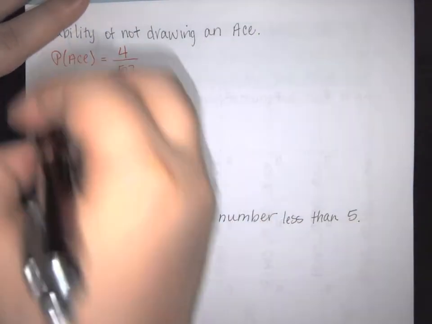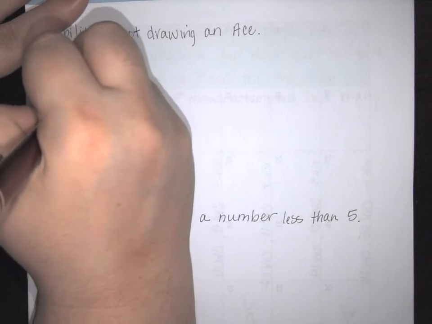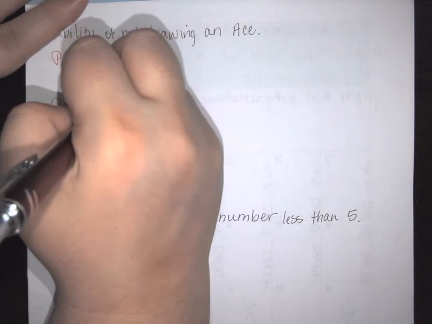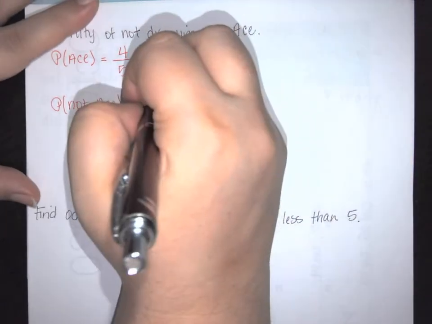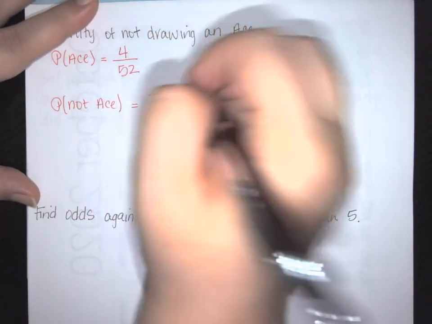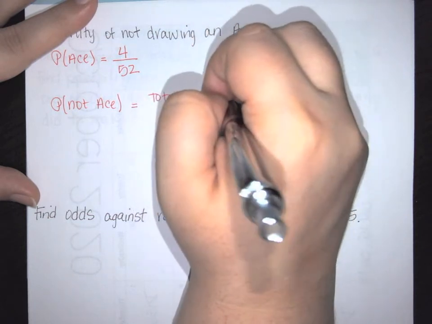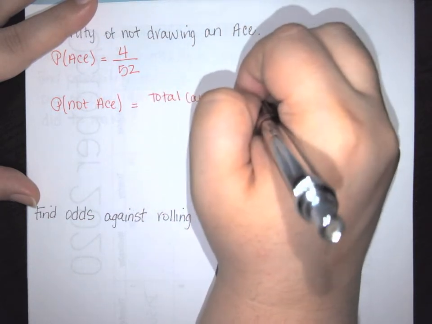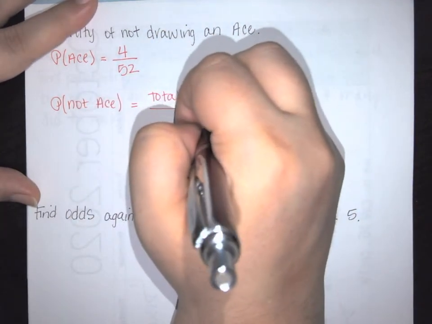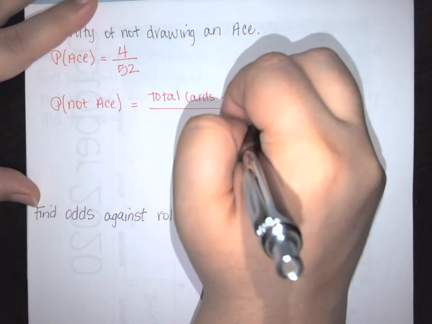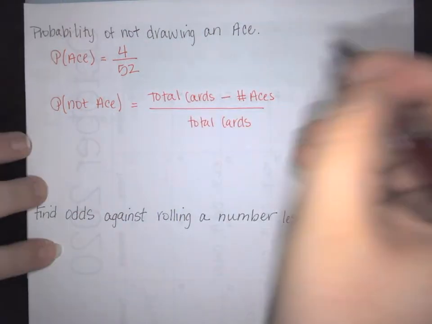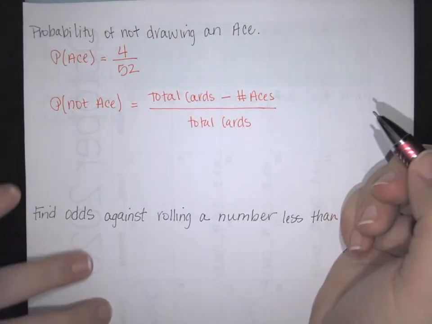Okay, so the probability of not drawing an ace is going to simply be your total cards minus the number of aces divided by your total cards. Okay, because in other words, we are looking at how many cards are not aces.